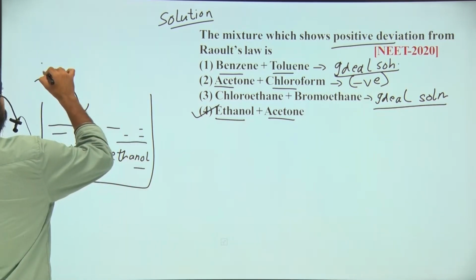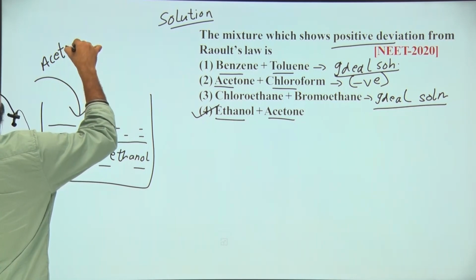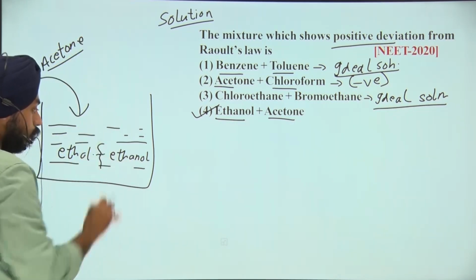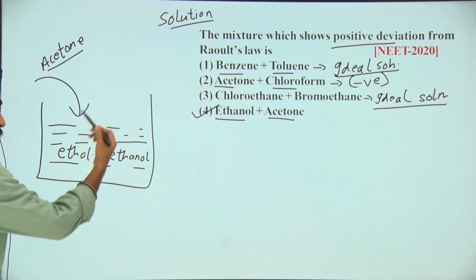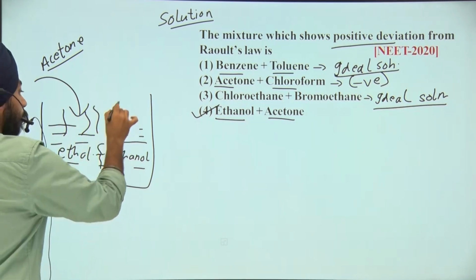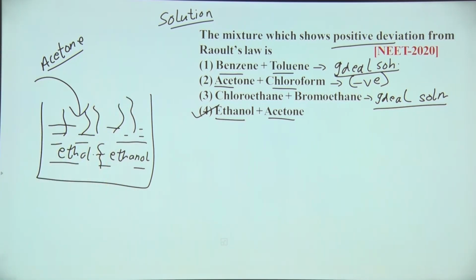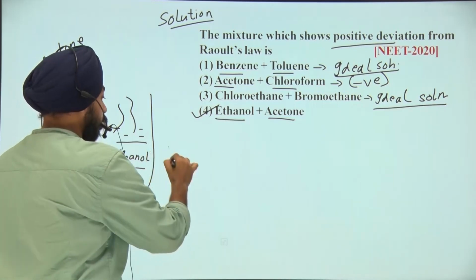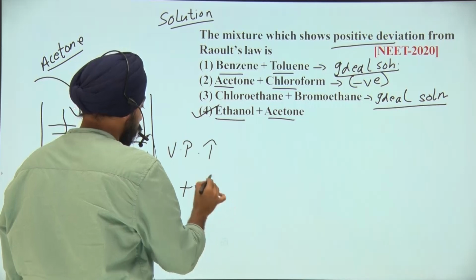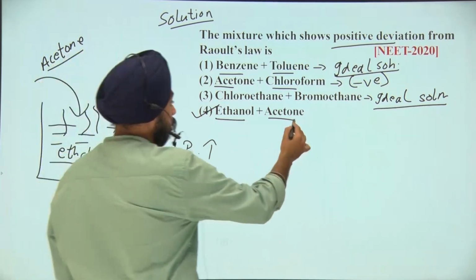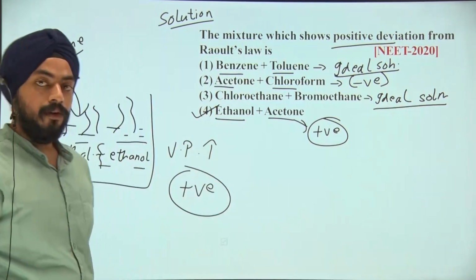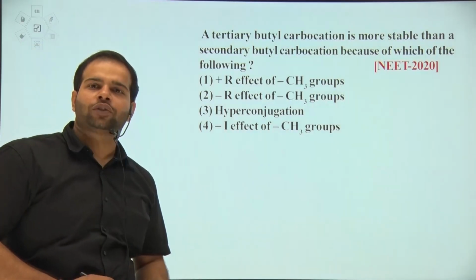Now, if we mix acetone in it, the hydrogen bonds between these ethanol molecules will be broken, and if hydrogen bonds are broken, more and more molecules will enter into the vapor phase, so the vapor pressure will increase. So it is an example of positive deviation, that is option number 4. Clear? Okay students, coming to the next question.